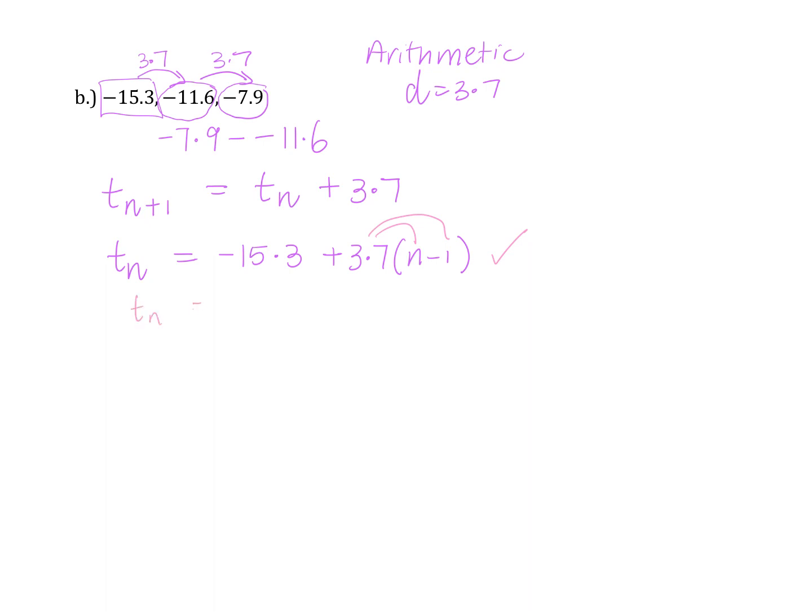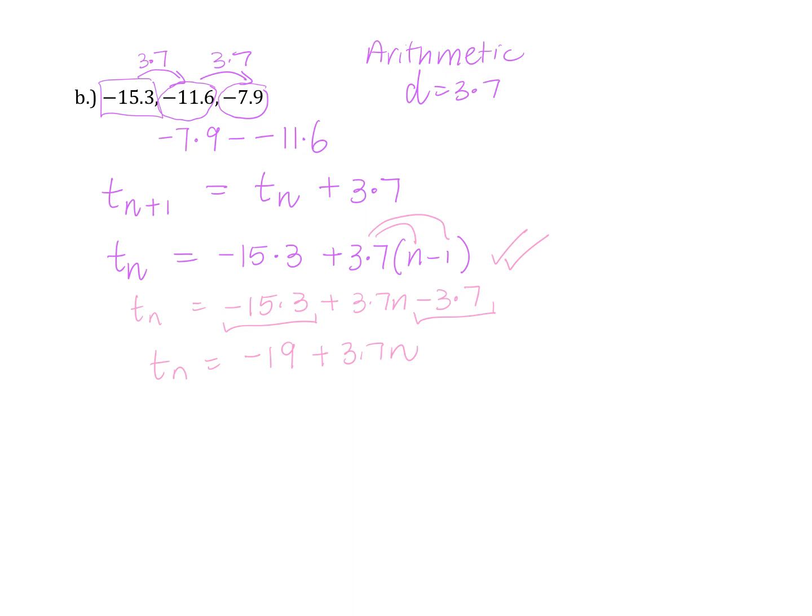Some people like to expand this out to make it look prettier, and that's going to be 3.7n minus 3.7, and then we could collect like terms here if you want. Minus 15.3 minus 3.7, negative 19 plus 3.7n. Do it like that if you like. I'm perfectly fine with that, but if you want to follow it through, sure.